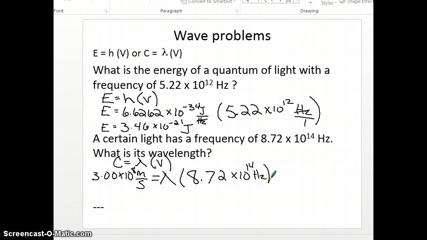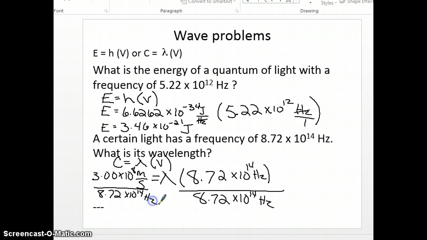Okay, so I need to do some dividing here, because I need to get this sitting by itself. So if I divide this side by this, I have to divide this side by that same number. And then I'm left with the wavelength.